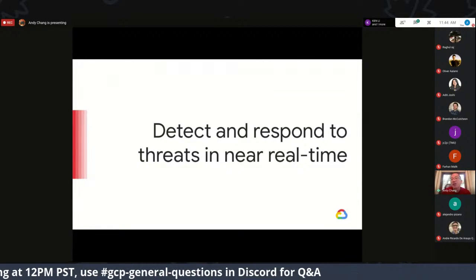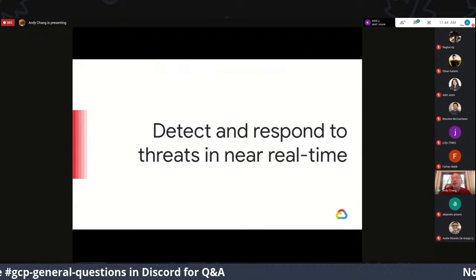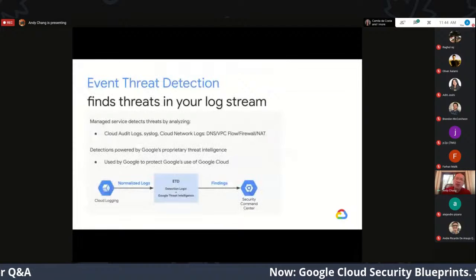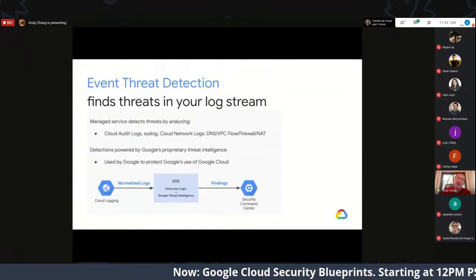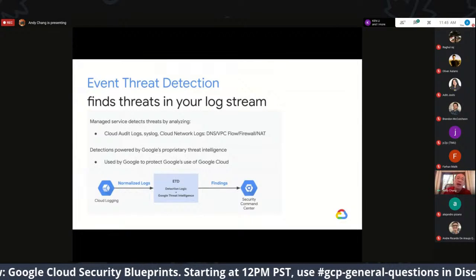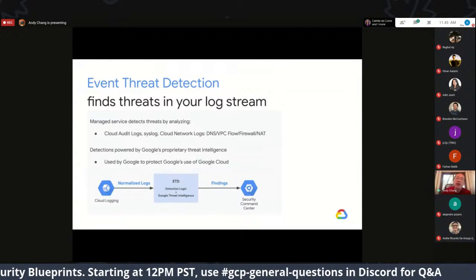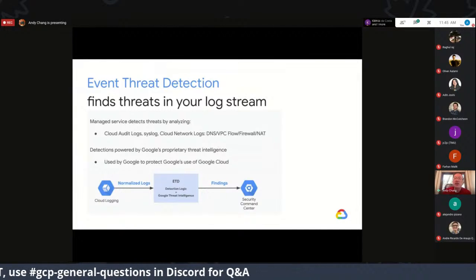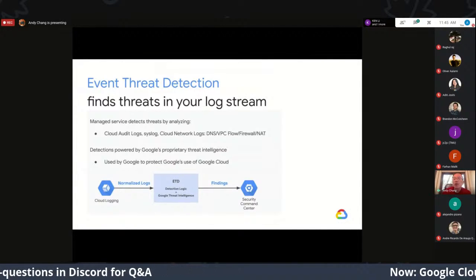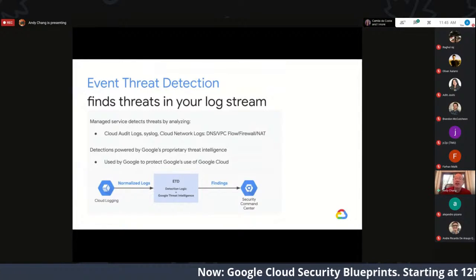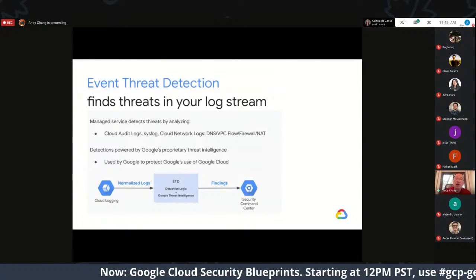The second part of this is finding folks who are trying to exploit those weaknesses live in real time. So event threat detection, which we launched to GA back in January, has the ability to look at all the different events in your log streams, whether it's cloud audit logs, syslog on VMs, network logs, DNS logs, the different type of traffic instances that are occurring, and also IAM logs.